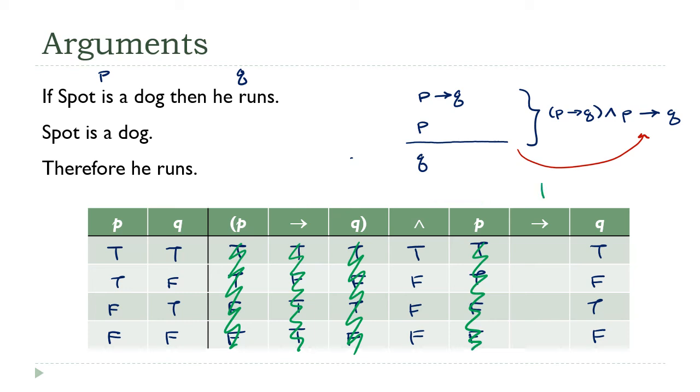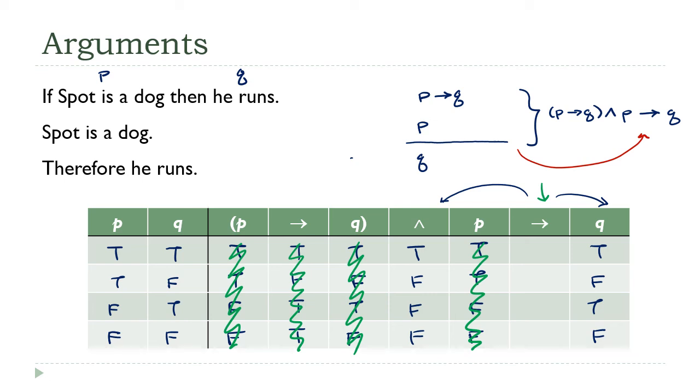I'm going to do this implication here using this column and this column. And again, it's an arrow, it's an implication, so I'm looking for a T and an F. If I have a T and an F, it's going to get a false. Everything else gets a true.